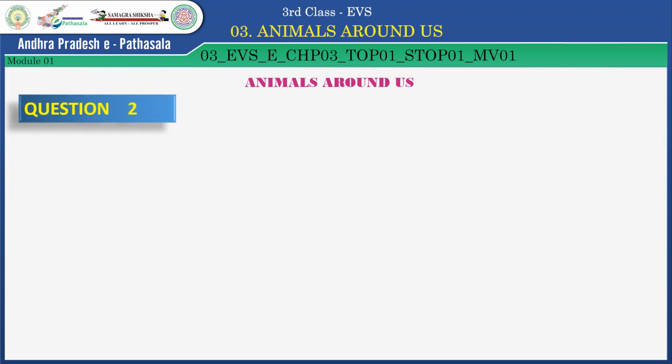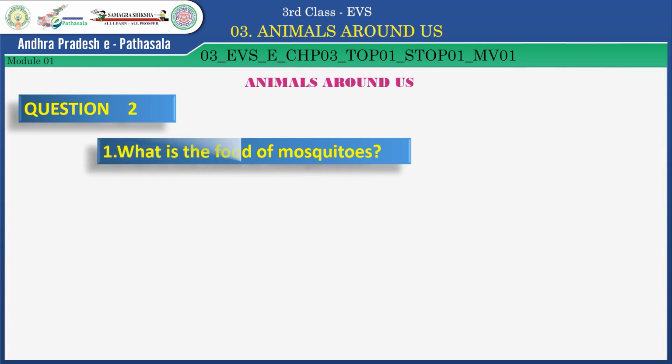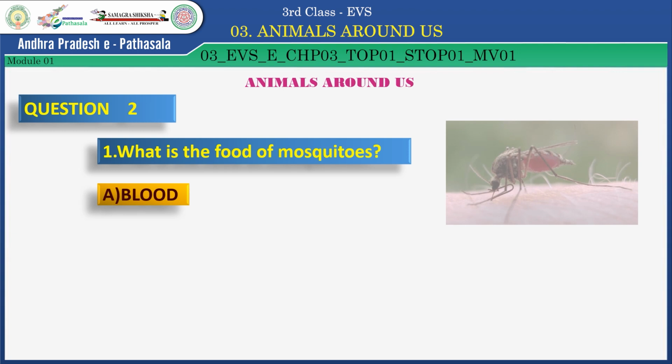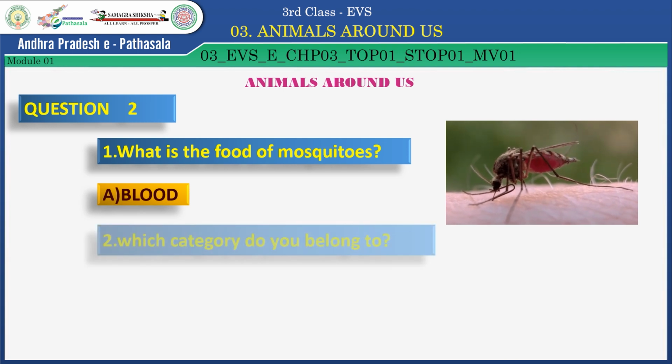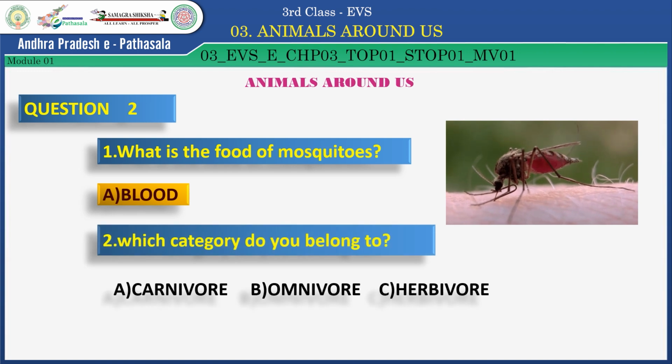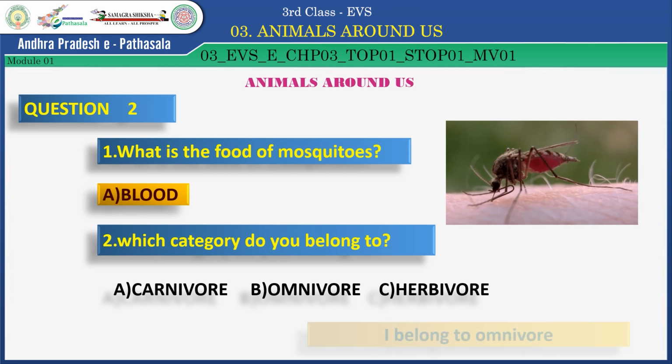Students, can you guess what is the food of mosquitoes? Yes, mosquitoes suck blood from our body. Blood is the food of mosquitoes. To which category do you belong? I belong to omnivore. What about you?